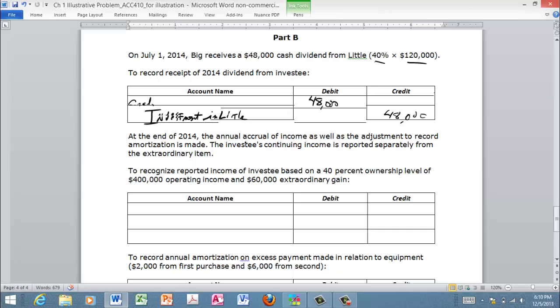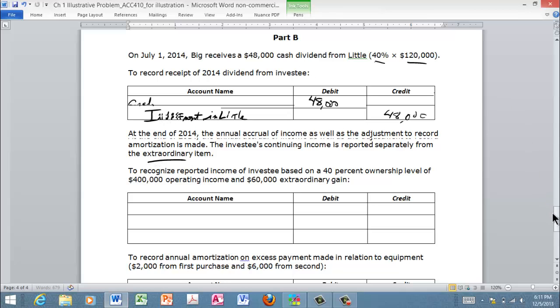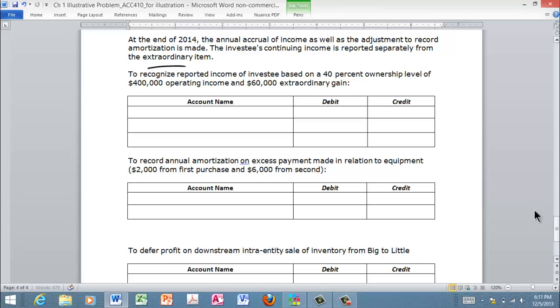Now, at the end of 2014, the annual accrual of income as well as the adjustment to record amortization is made. The investee's continuing income is reported separately from the extraordinary item. Okay. Remember that we had both income from continuing operations as well as this extraordinary gain.